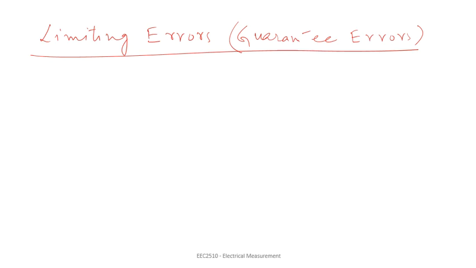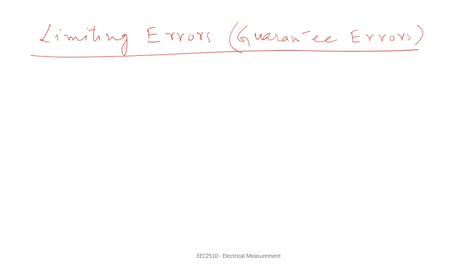So whoever the manufacturer is, he guarantees a certain accuracy, and by defining a certain accuracy he actually gives a value of the error.